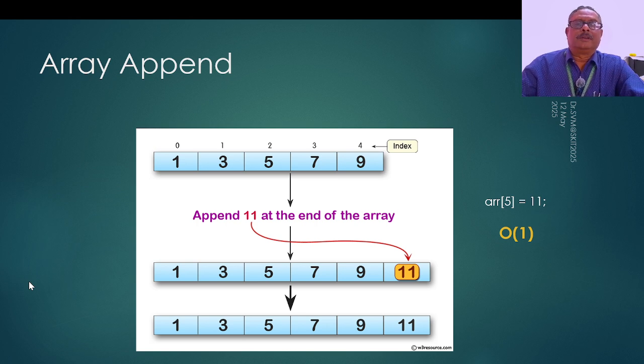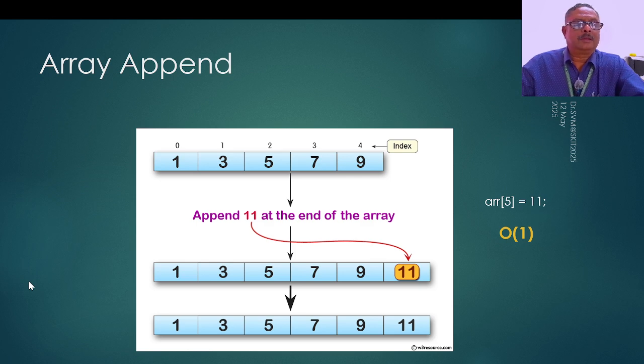But the moment we come to the end of the array, the next element we find. So we have to start from the beginning if we don't know what is the total size of the array being used currently. In that case, appending to an array will be linear, so order of n.